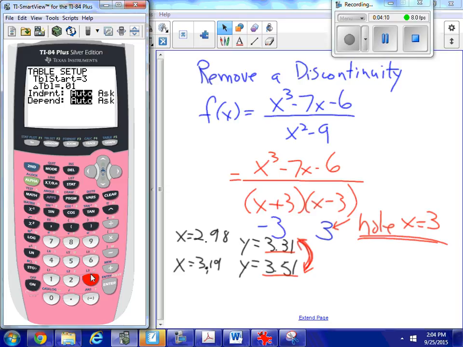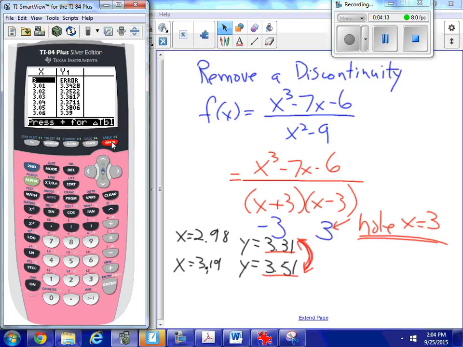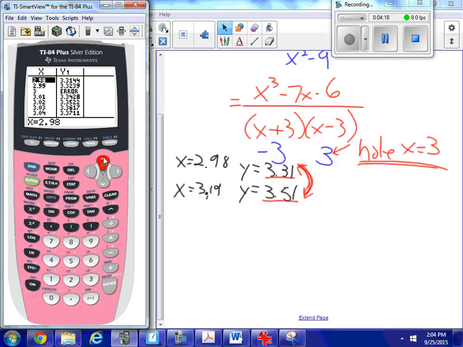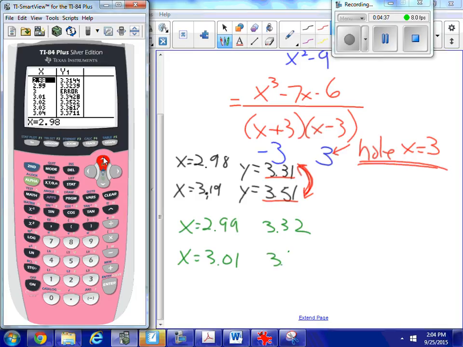And now I'm going to go second table. And I see that, well, at 2.99, I'm going to extend this a little bit. According to my table, at x equal 2.99, my y is equal to 3.32. And at x equal 3.01, my y value is 3.34.